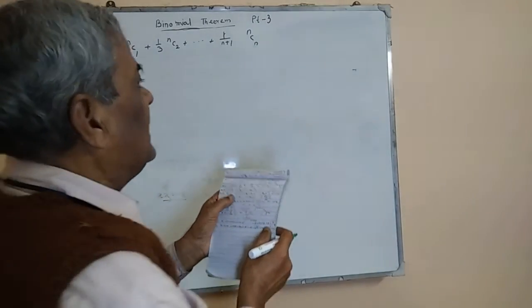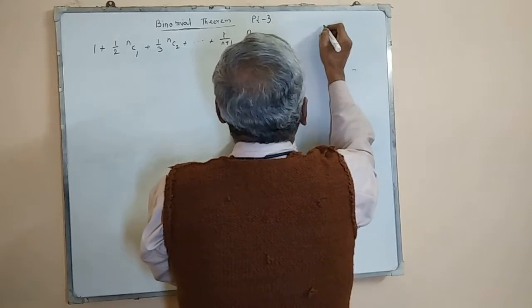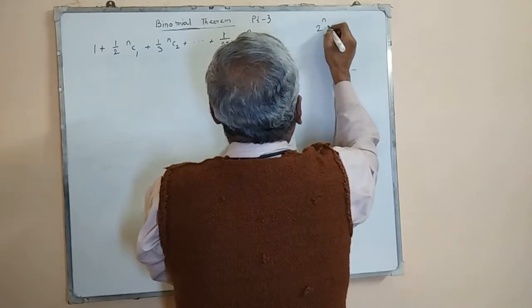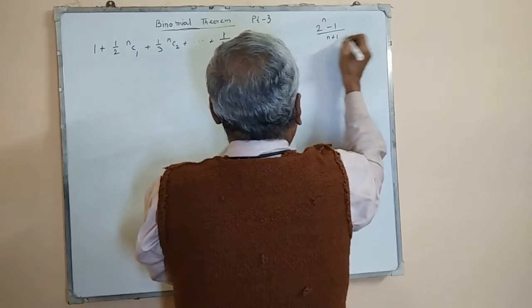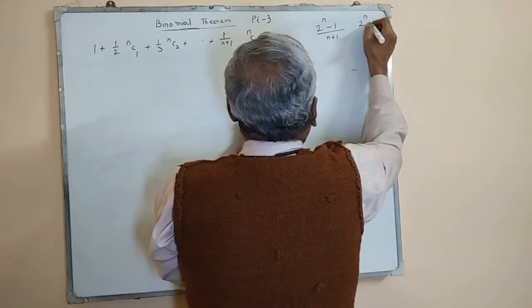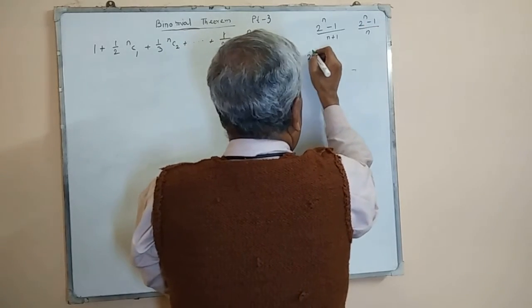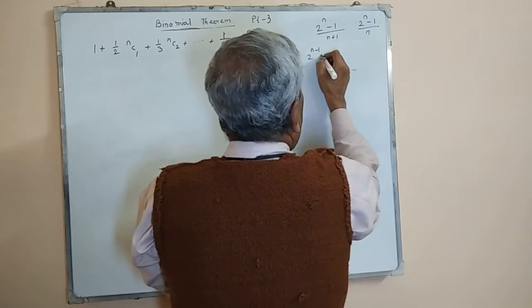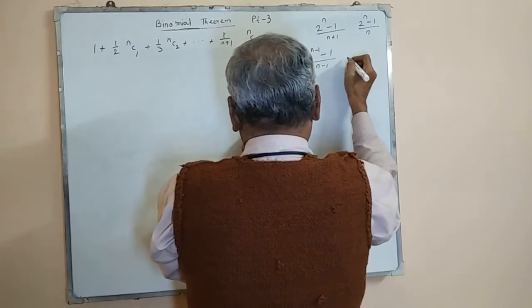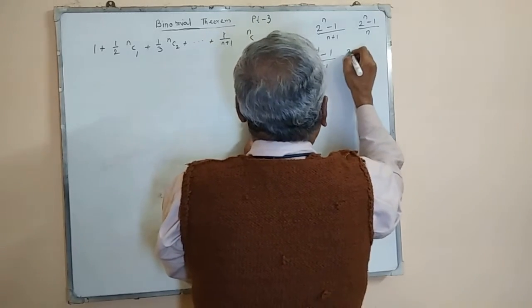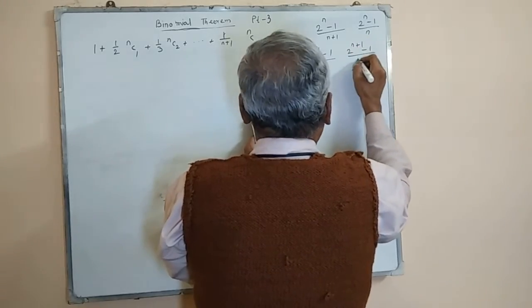Value of this is, first option, (2^n minus 1)/(n+1); (2^n minus 1)/n; (2^n minus 1)/(n minus 1); and the last option is (2^(n+1) minus 1)/(n+1).